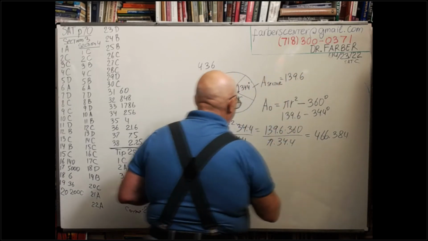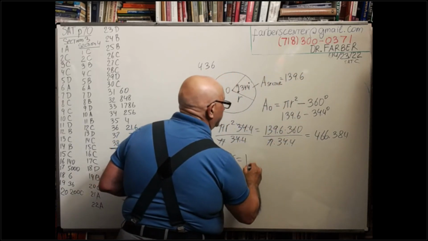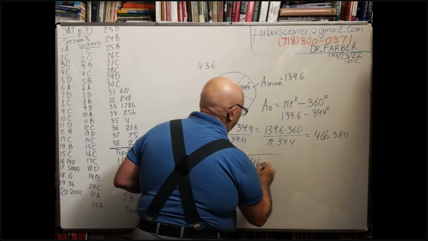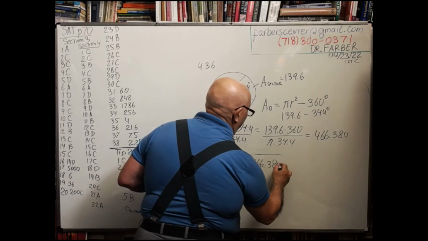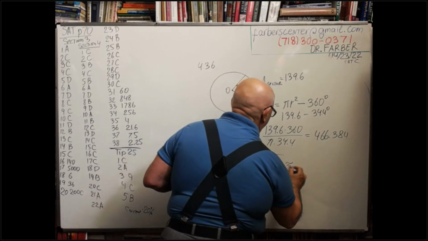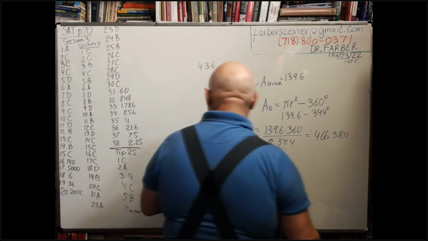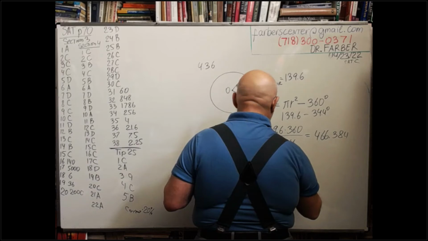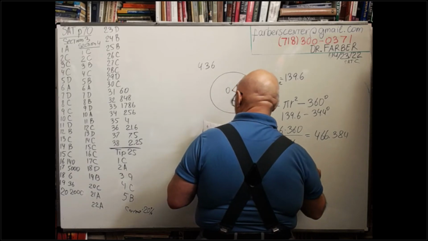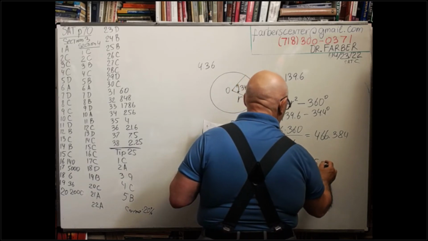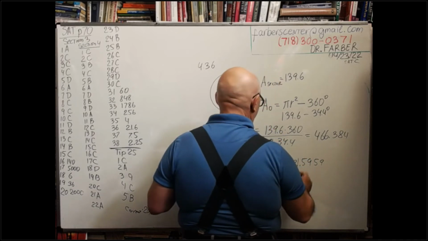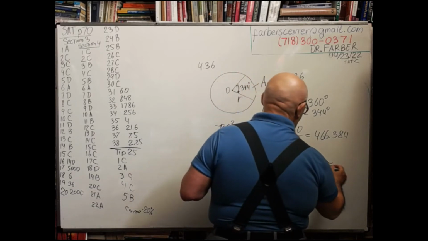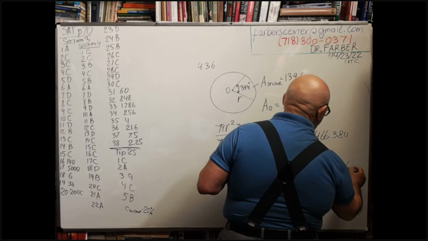To get the radius, take the square root. It's supposed to be positive, of 468.384. Actually it's 21.5959. And since they ask you to round to the nearest tenth, it's 21.6.